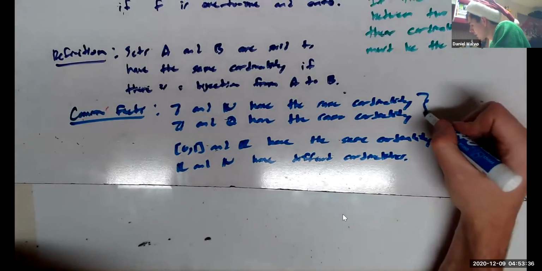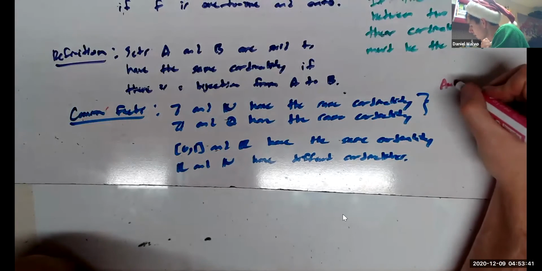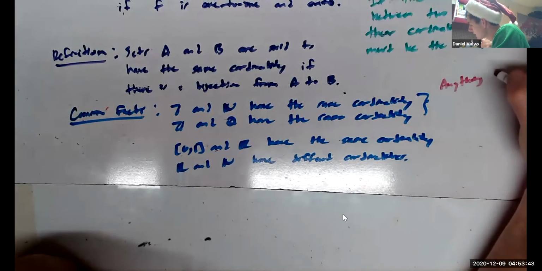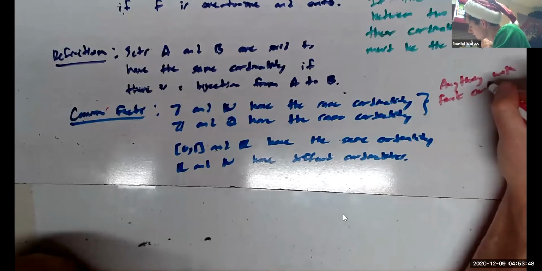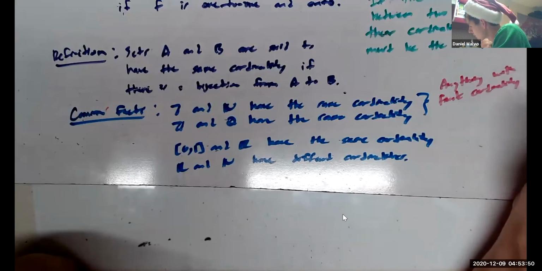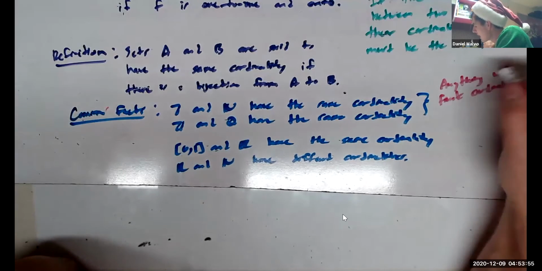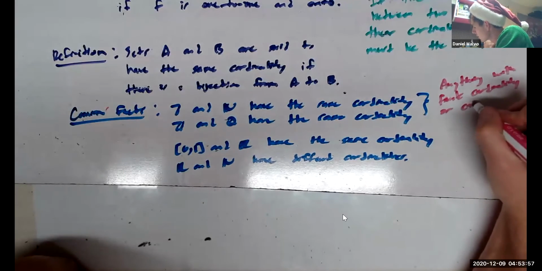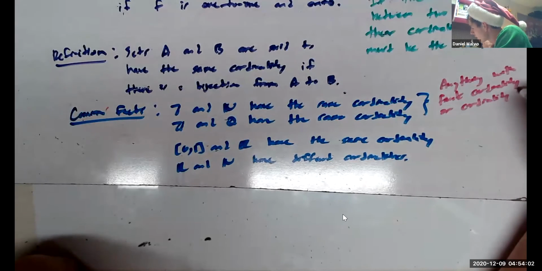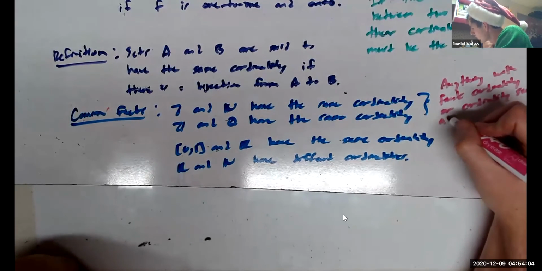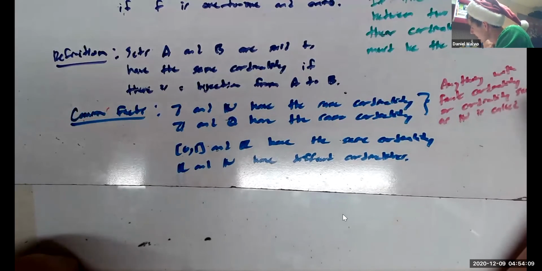And anything with finite cardinality, so if you're just like the set 1, 2, 3, you're just like your 3, or anything with cardinality the same as N, is called countable.